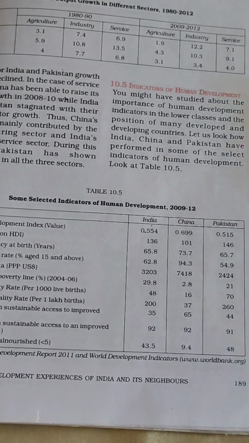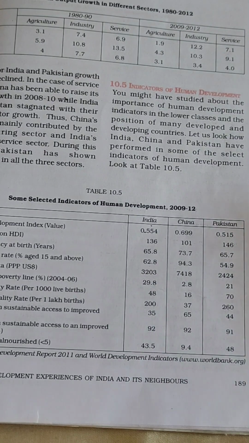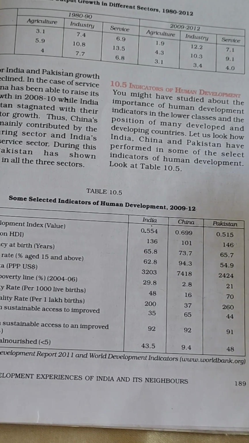When you see the table, it shows that China is moving ahead of India and Pakistan. This is true for many indicators: income indicators such as GDP per capita or proportion of population below the poverty line, or health indicators such as mortality rates, access to sanitation, literacy, life expectancy, or malnourishment.